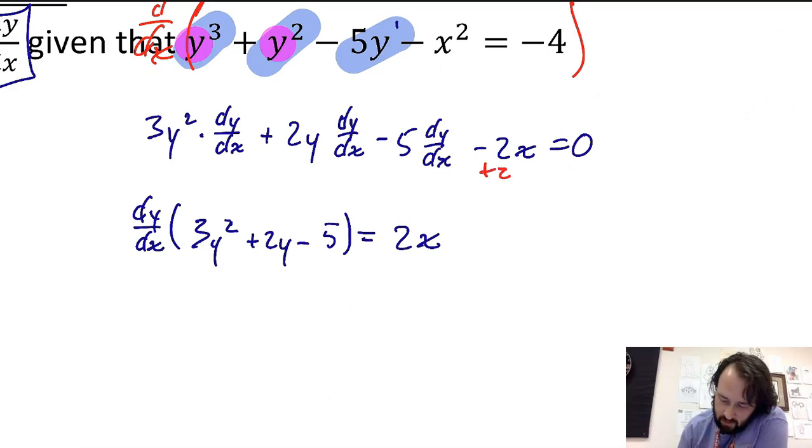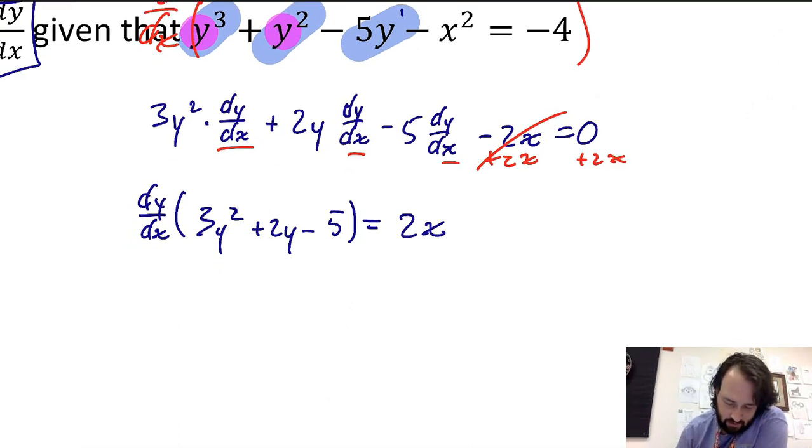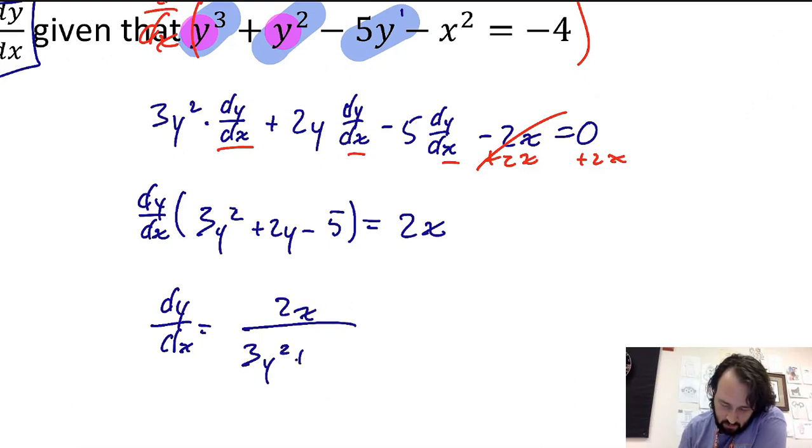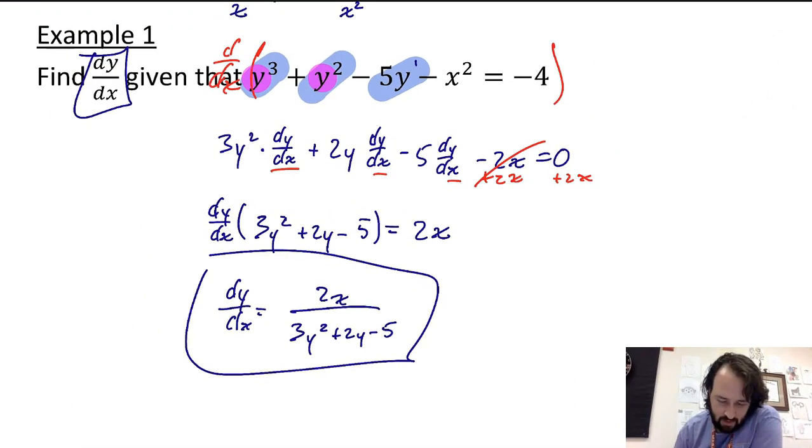So I added the 2x to the other side, and then I factored out all these dy dx's. Because now if I'm trying to solve for dy dx, then dy dx is 2x over 3y squared plus 2y minus 5. It didn't tell me that I had to put it all in terms of x or anything like that, so I'm just going to leave it like that. dy dx is 2x over 3y squared plus 2y minus 5. That is my implicit derivative.